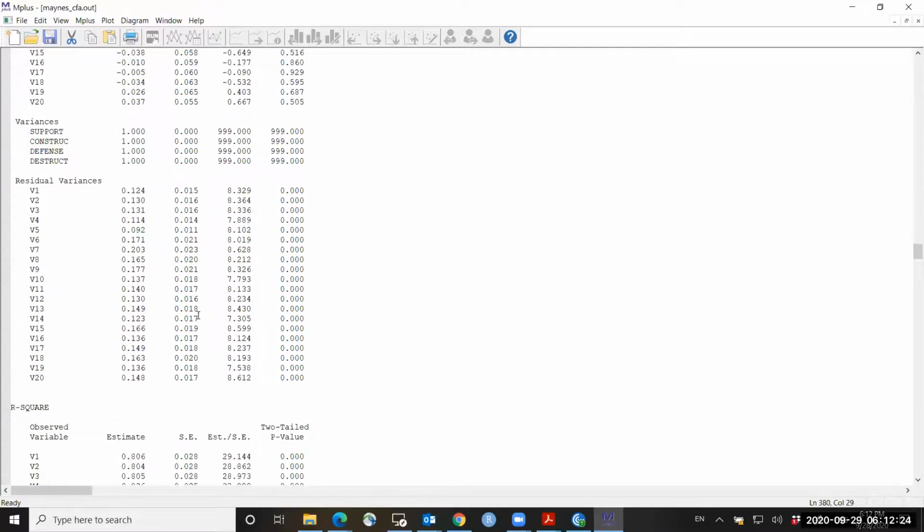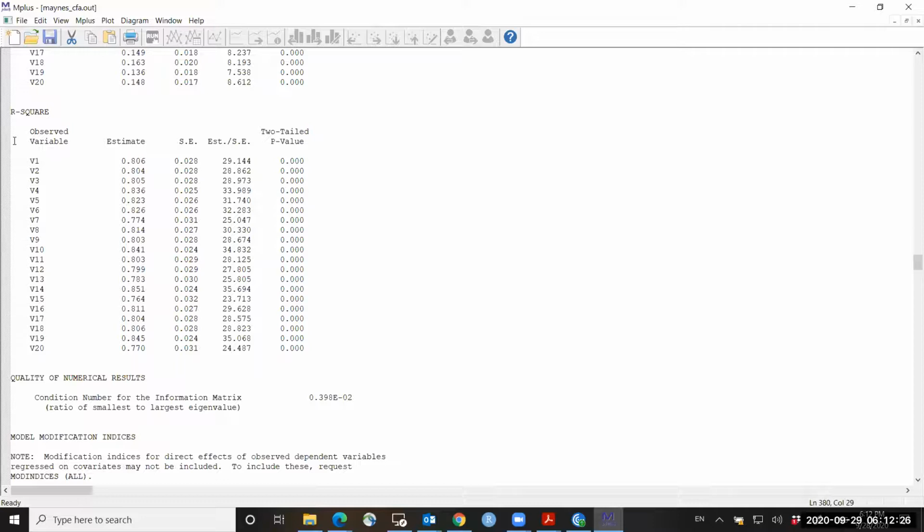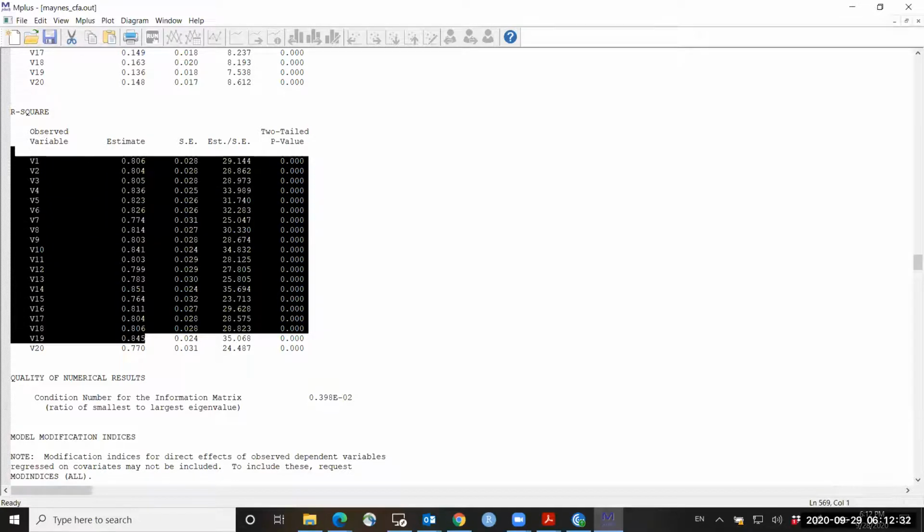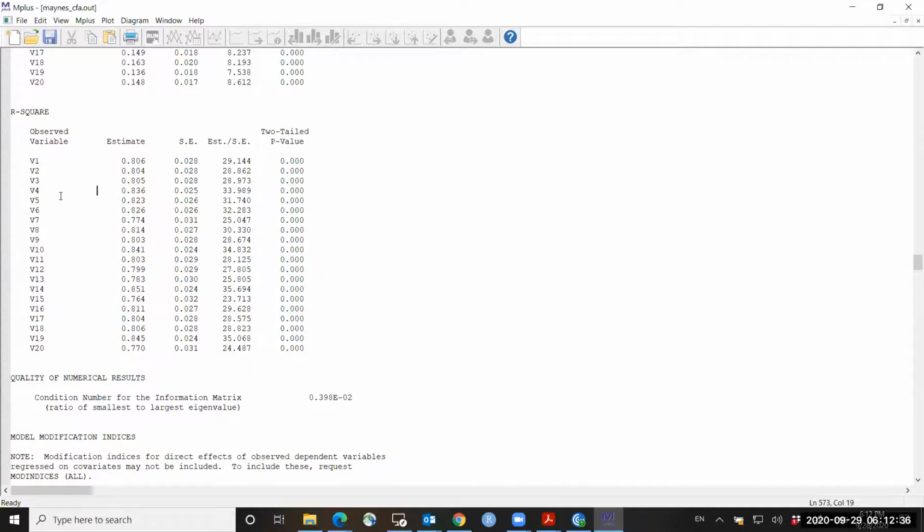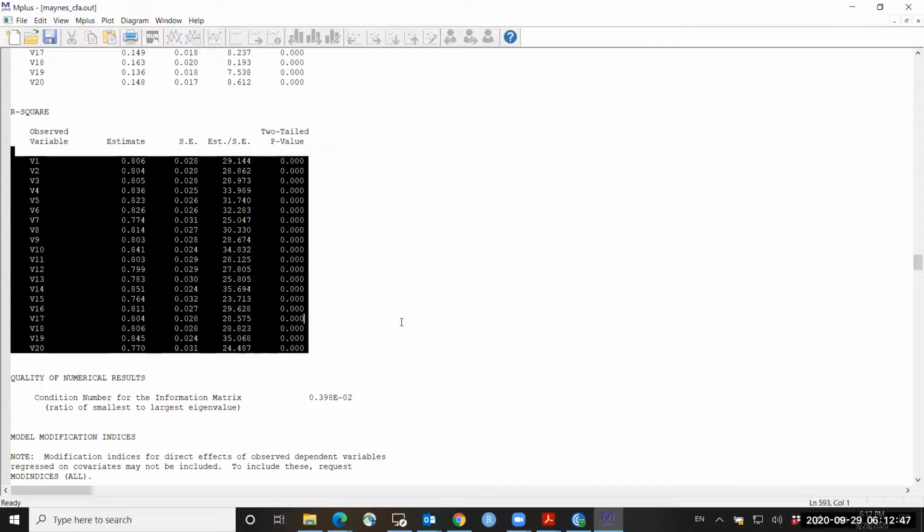Going back to R squared, we want the average variance extracted, which is the average of the R squares, to be at least 0.5, which means the factors account for at least 50% of the variance. On average, the rest is error. But we don't look at this across all items. We look per factor.